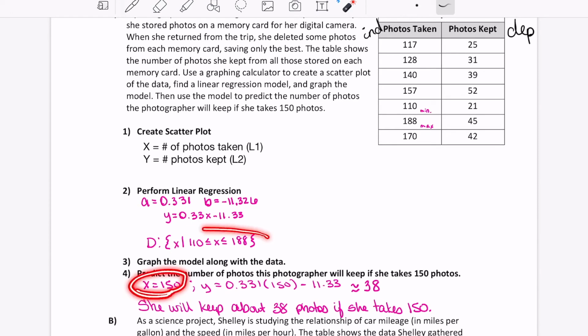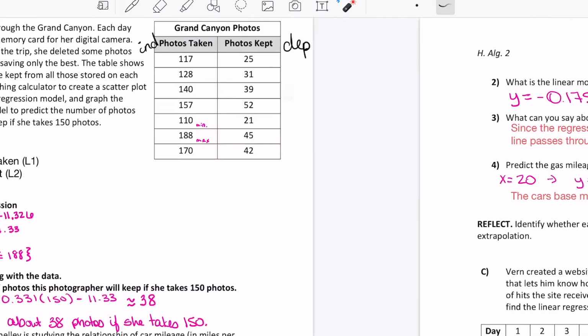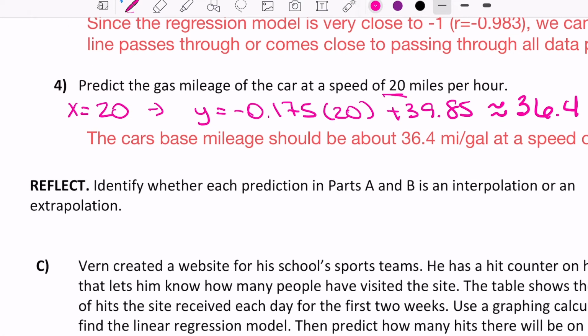The domain went from 110 up to 188. So would example A be interpolation or extrapolation? If you said interpolation, you are correct. Interpolation, okay? How do we know? Because 150 is inside of the domain.